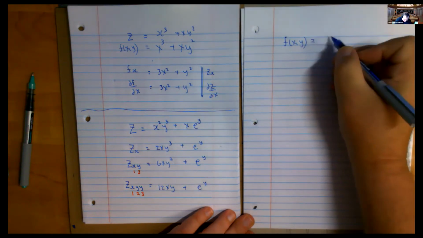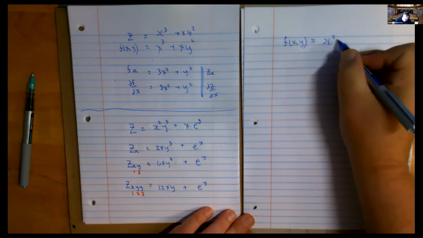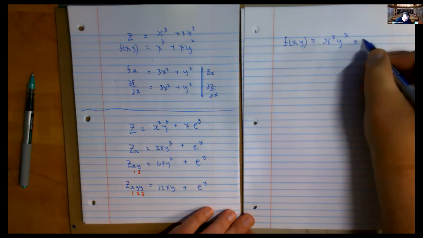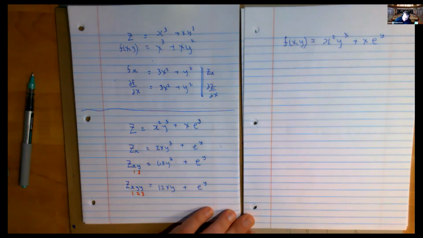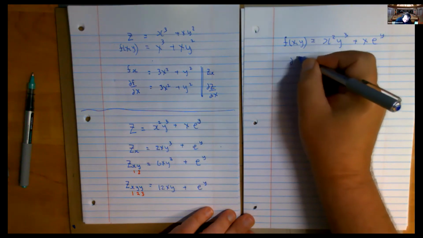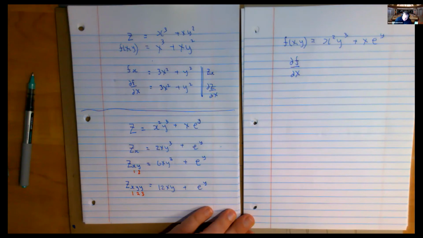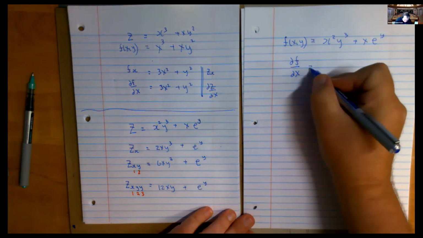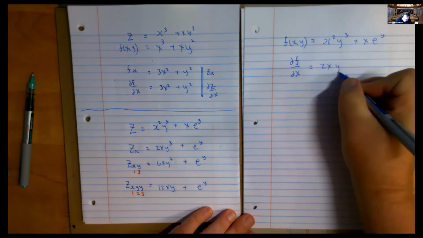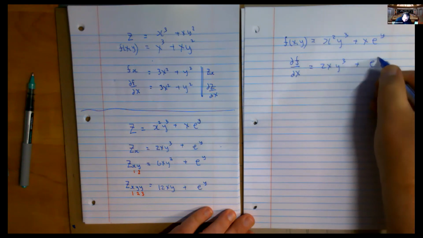If we use the delta notation, I'm going to use the exact same function. Now in delta notation, the first partial derivative with respect to x is written that way. No biggie. Pretty obvious. Everything's cool.